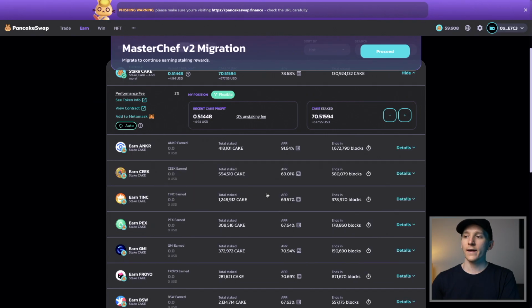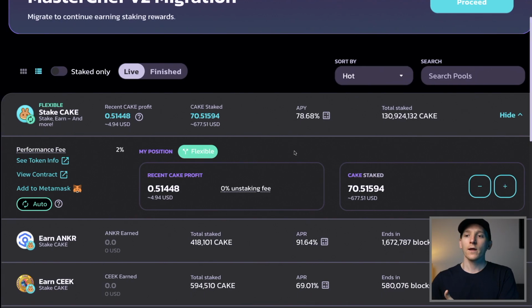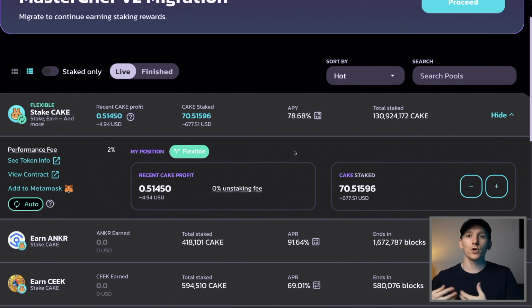Now, you may say, why is the yield so high? This is ridiculous. Well, firstly, like I said, you get an APY of 80%. Most of this comes from new token creation. And so it's not a real APY, right? Because they're paying out 80% in APY, they're also diluting the asset base by around about 80%. So it's kind of like break even possibly.